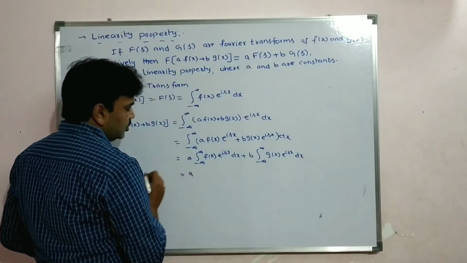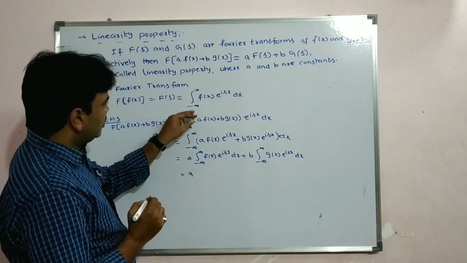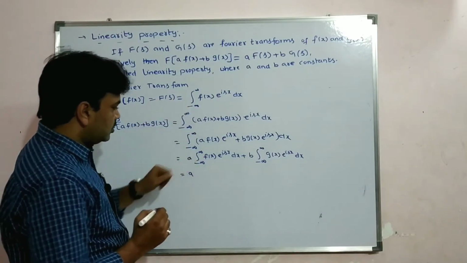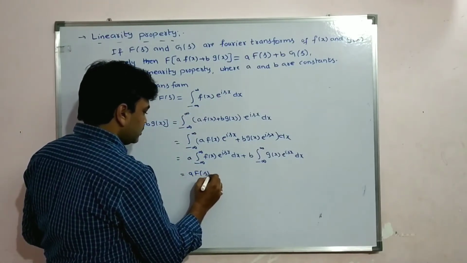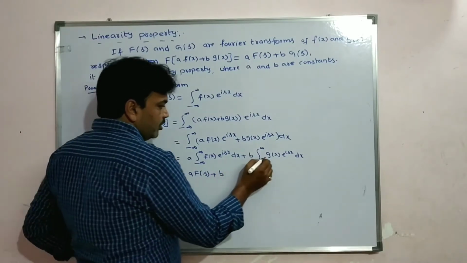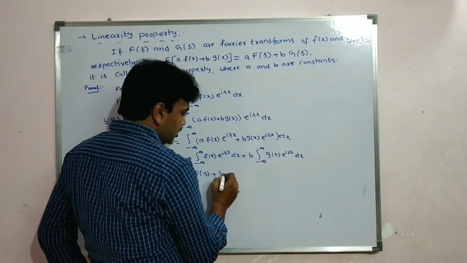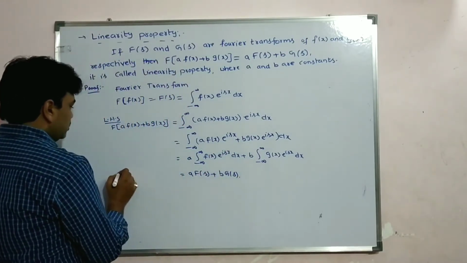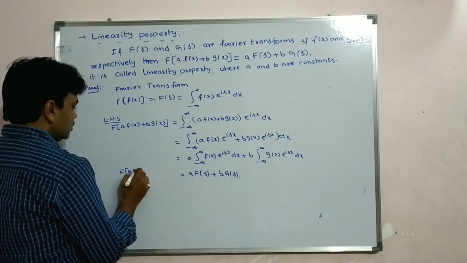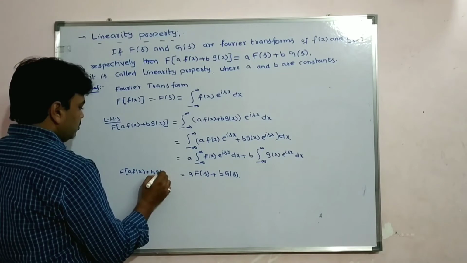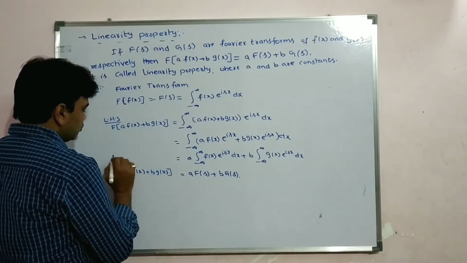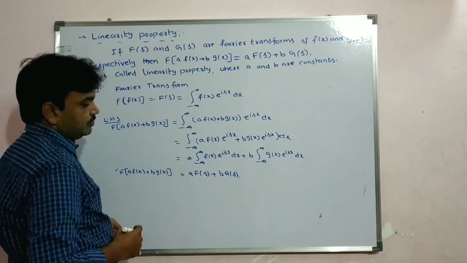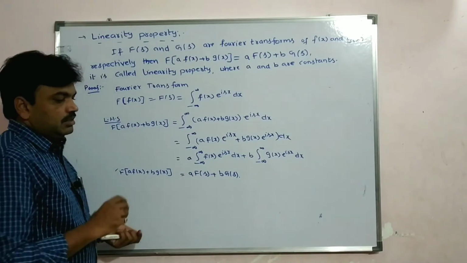The first integral can be written as F(s), and in place of f we have g, so it is G(s). So this is the linearity property. Whenever there is a constant, we can write it outside of the function.